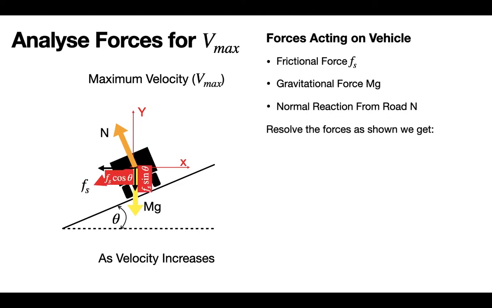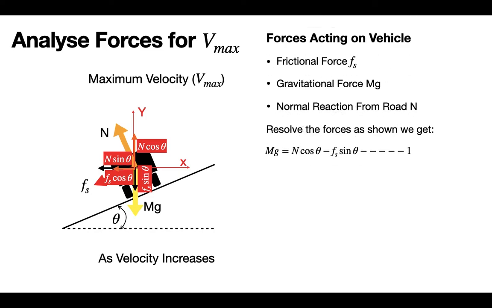If you resolve the friction force, Fs cos theta is along the minus x-axis, Fs sin theta along the minus y-axis, the normal reaction N cos theta along the y-axis and N sin theta along the minus x-axis.